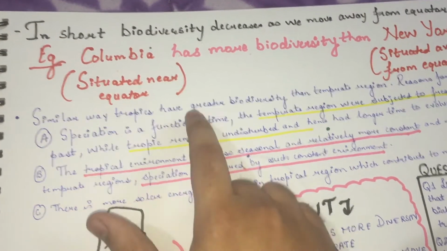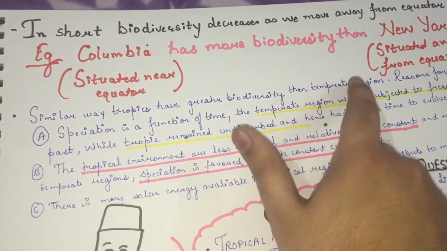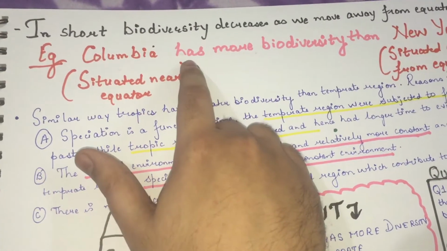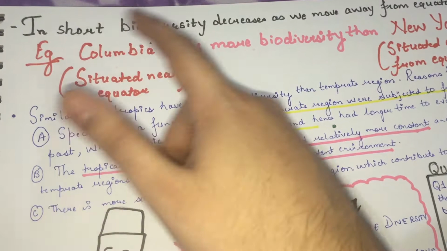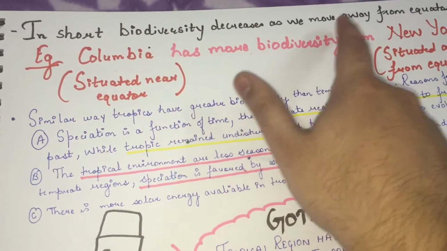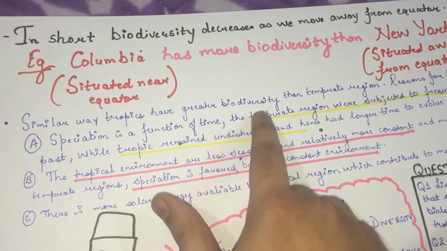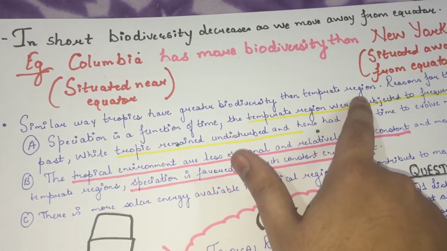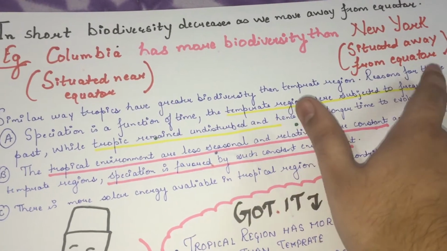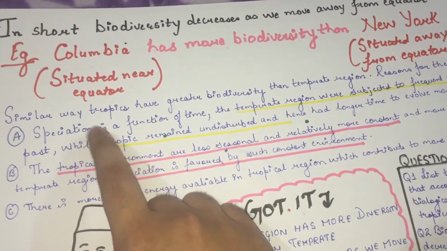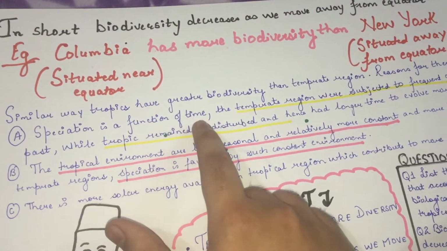Similarly, tropics have greater biodiversity than temperate regions. Reasons for this are, first, speciation. Speciation means formation of new species, and it is a function of time.